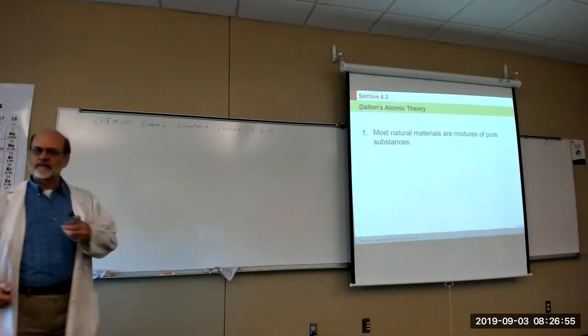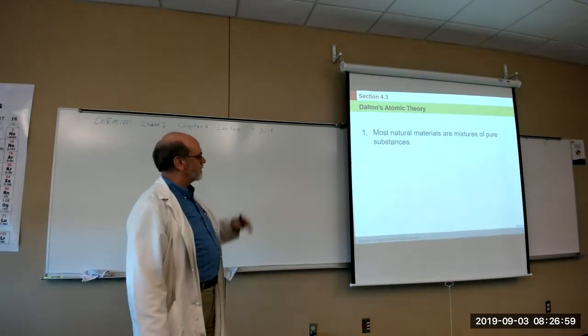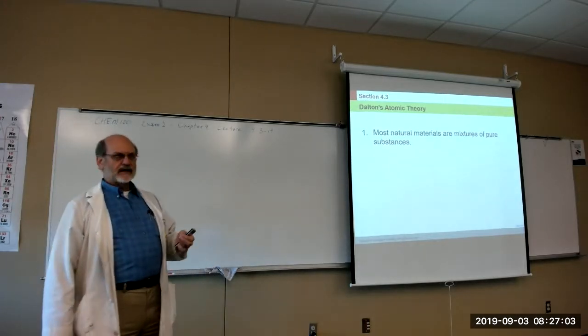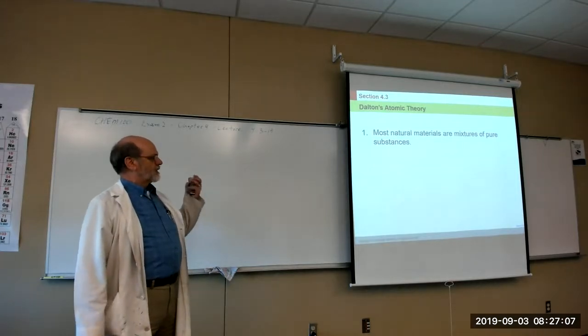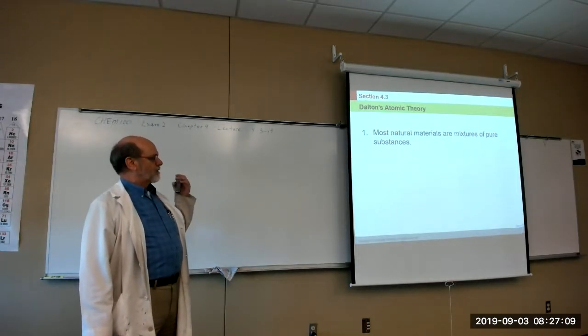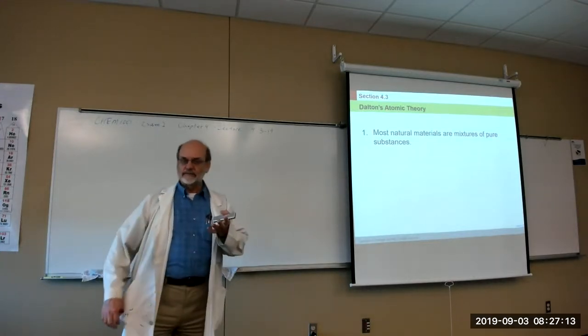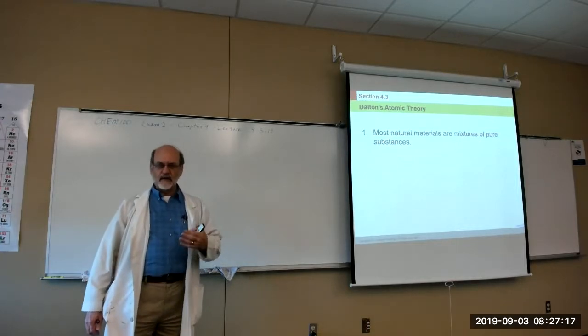So up to this point, up to the time of John Dalton, who was an Englishman, I think he lived in the 17th century, we had developed laws that governed how we thought about things and how we thought about reactions.